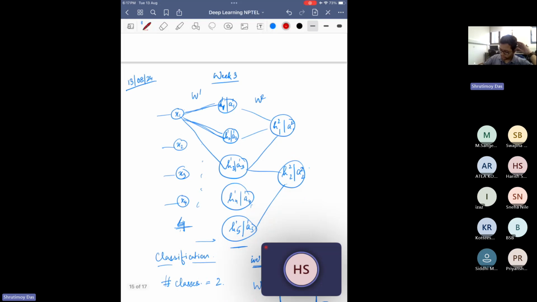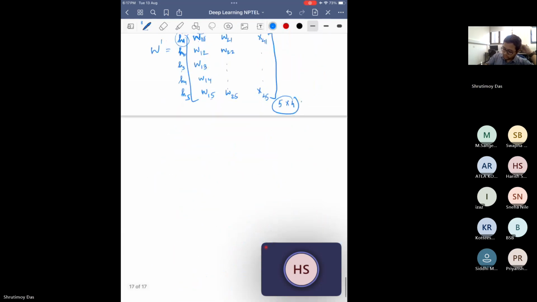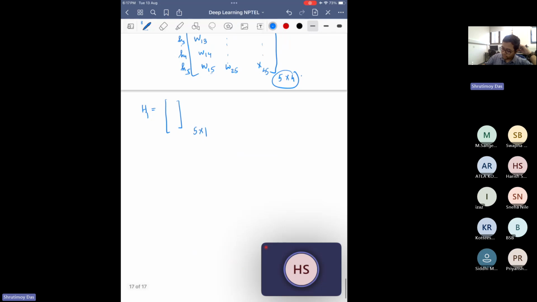Now we have finished with these weights, right? Now let's look at this thing here. Because this is hidden layer 1, I am calling it h1. So at h1, we have a vector of length 5 cross 1, right? For neural networks, what do you do? At first you do Wx, and what is the next step?